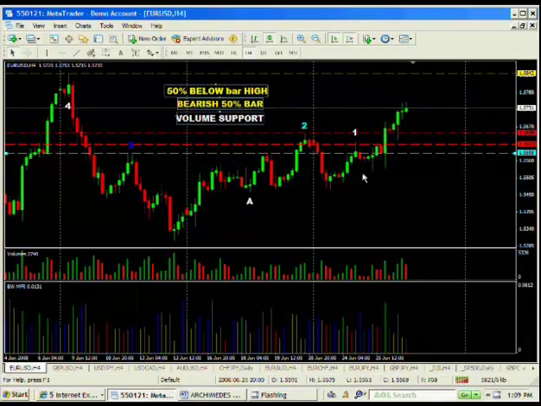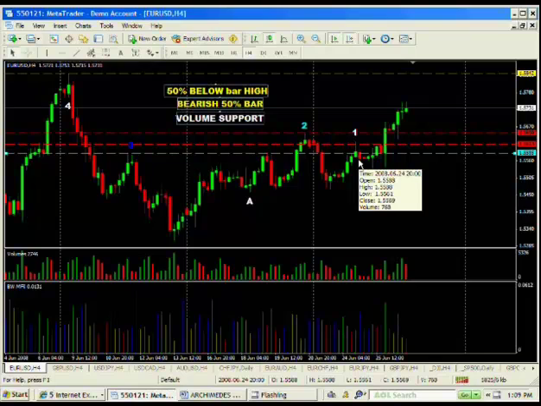Let's start putting our rules together. We see that this is a low volume bar. It made a lower low than the previous bar and closed lower than the previous bar, yet it had lower volume. Since it has lower volume, why did it close down?